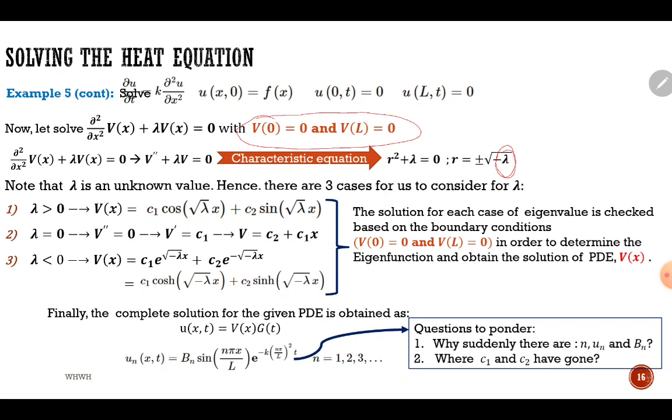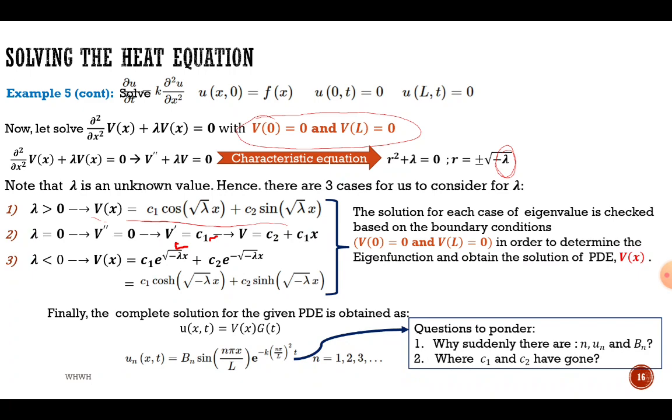If lambda more than 0, then our Vx is equals to C1 cos root of lambda x plus with C2 sine root of lambda x. Then if lambda equals to 0, then our V is equals to C2 plus C1x, and if lambda less than 0 equals to this one, C1 cos plus with C2 sin as shown here.